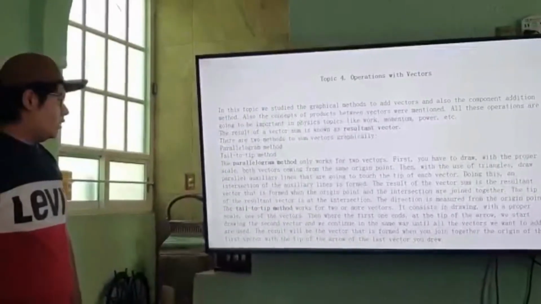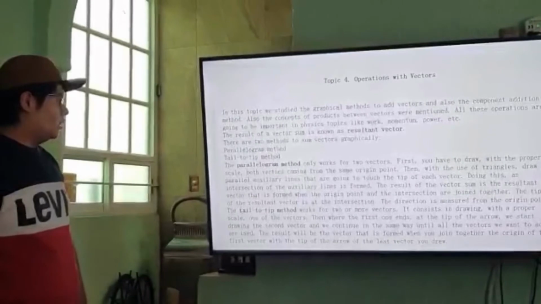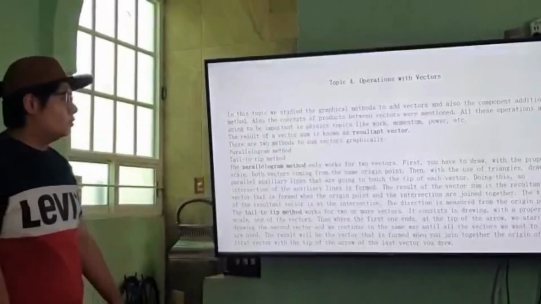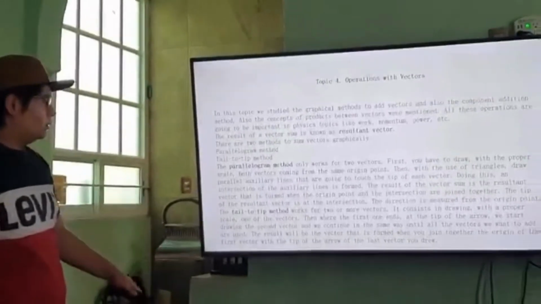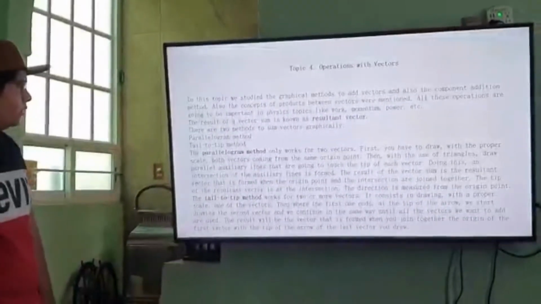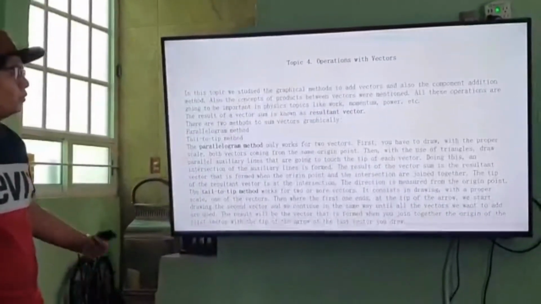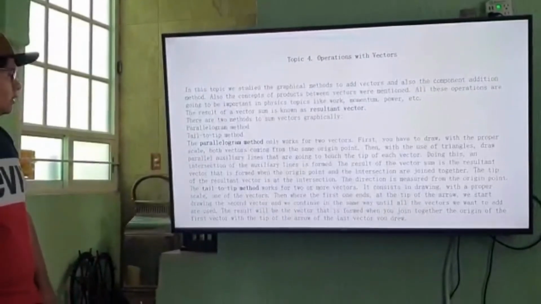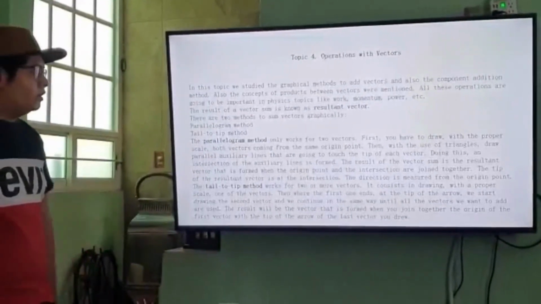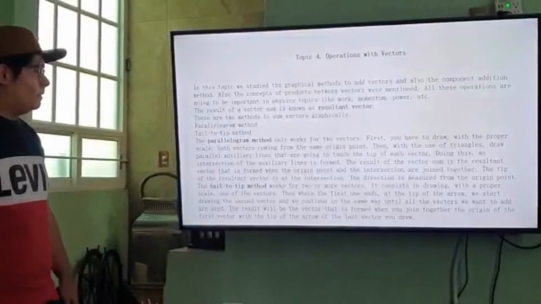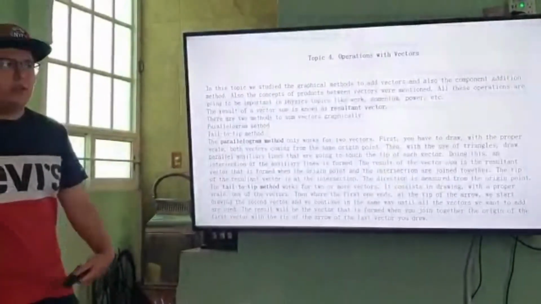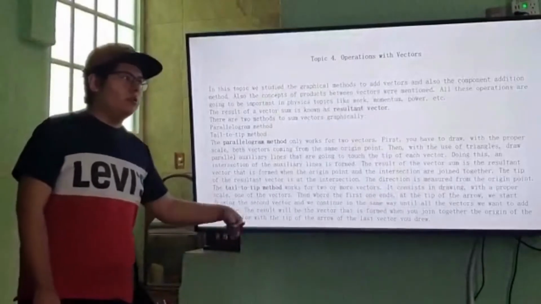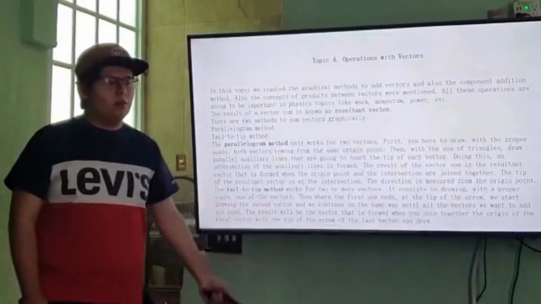We need to draw a triangle that helps us to understand where the vector is. And the tail-to-tip method works with two or more vectors, with their own scale, and helps us to know where the vector is, but this is used when we need to know more about it.